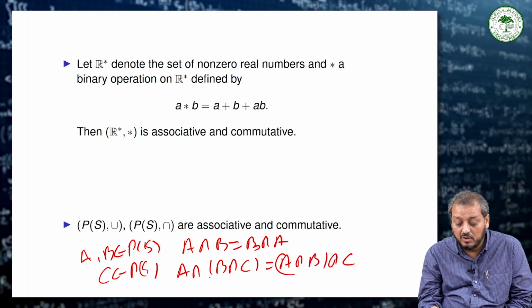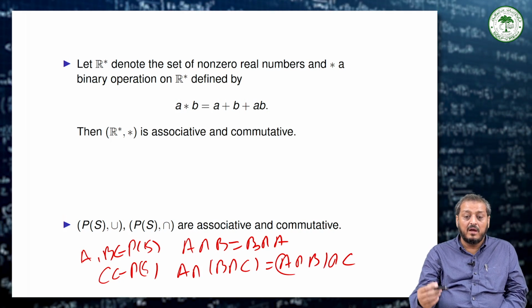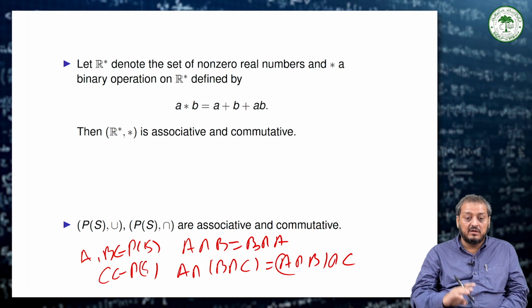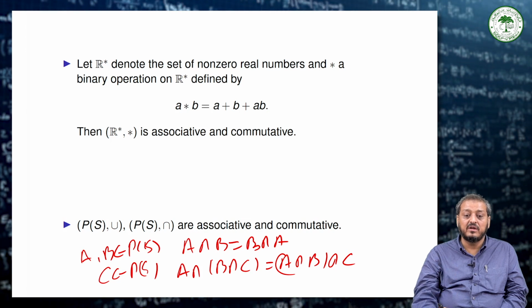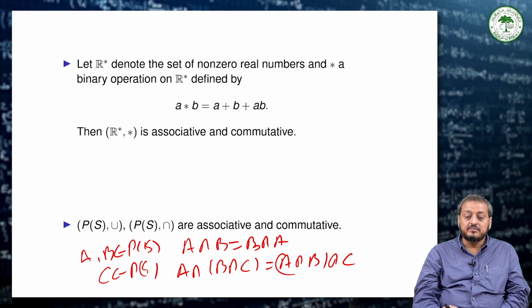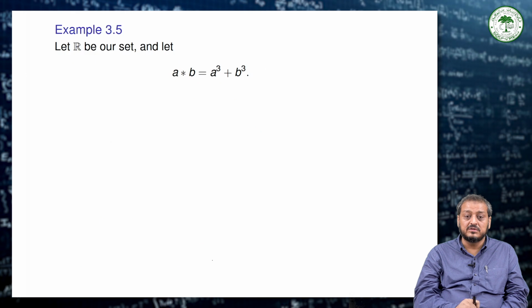So under intersection and union, both associativity and commutativity are satisfied.